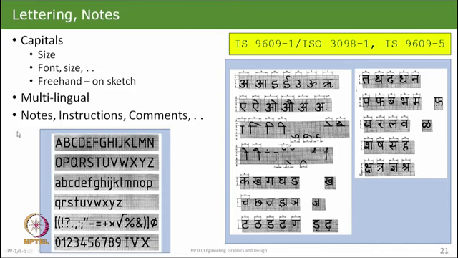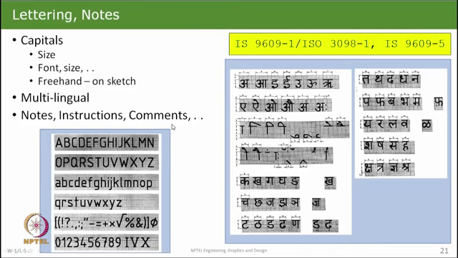and a drawing does not mean that there is only a drawing on it. We could also write notes, which is writing something about the part or something about the drawing, or instructions even for say manufacturing, that do this while in this process, do not do this, avoid doing this, all of that could be there. And there could be also things which are called comments.